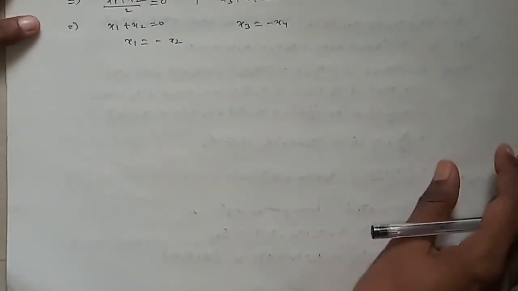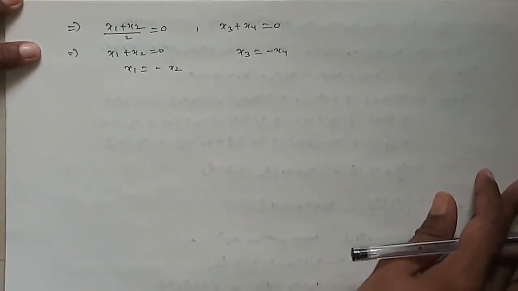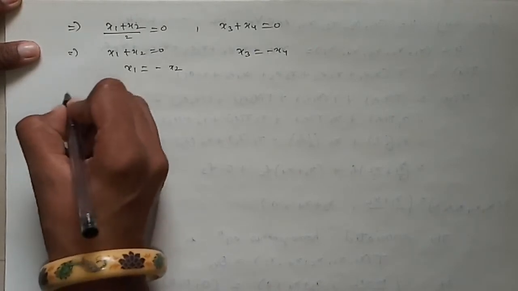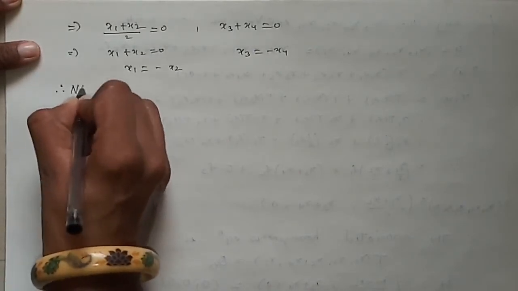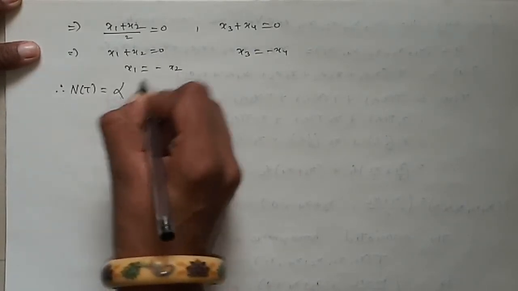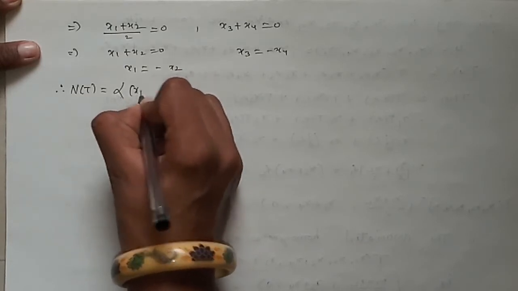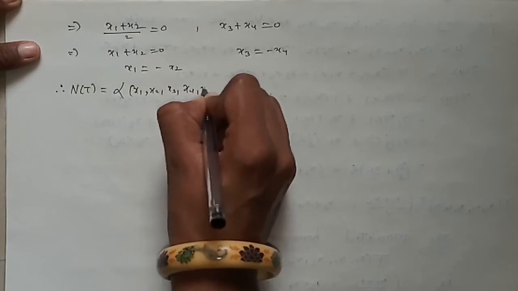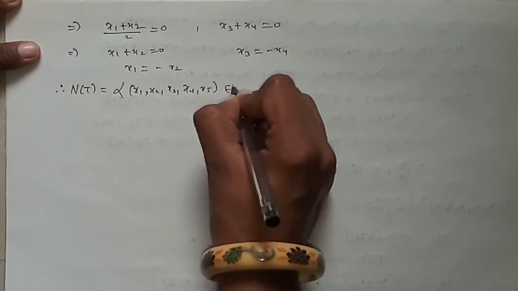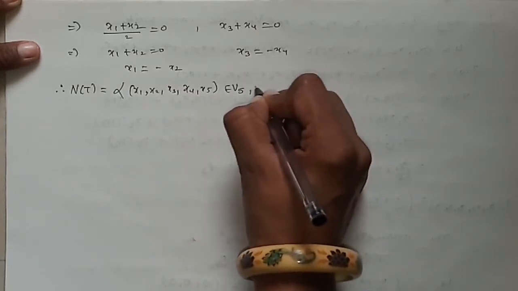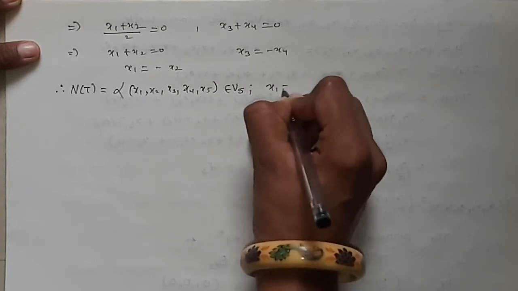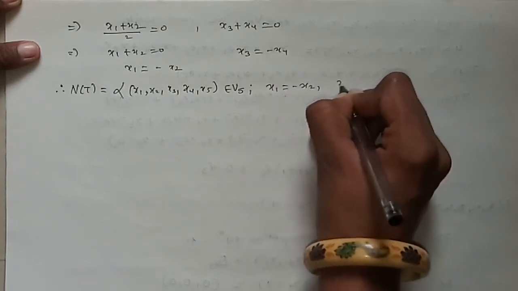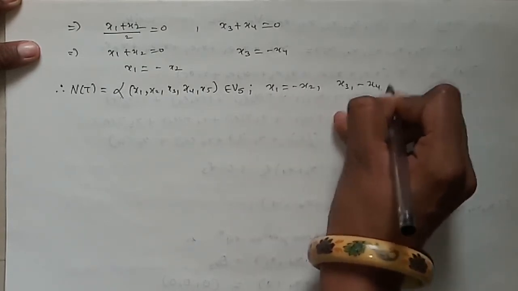Now we have to find the nullity of T. Therefore the nullity of T is equal to the set of x1, x2, x3, x4, x5 belonging to V5 with x1 equal to minus x2 and x3 equal to minus x4.